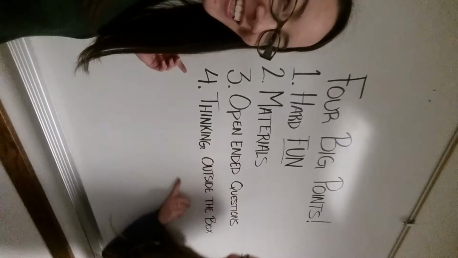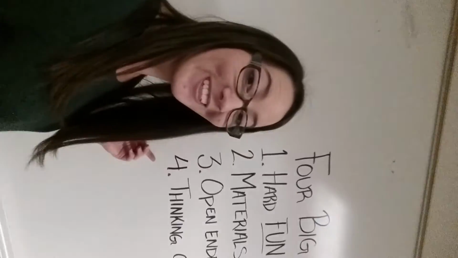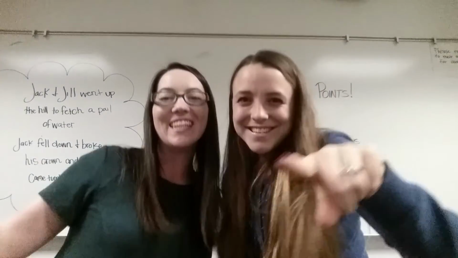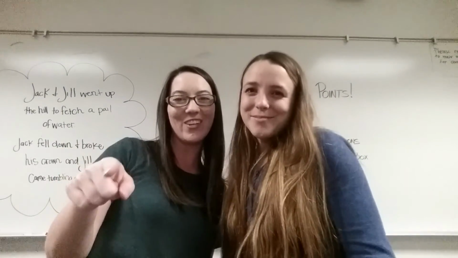I think it will roll. Oh, it went backward! That was thinking outside the box. Wonderful! Now you can think of ways that you can be more developmentally appropriate and have hard fun!